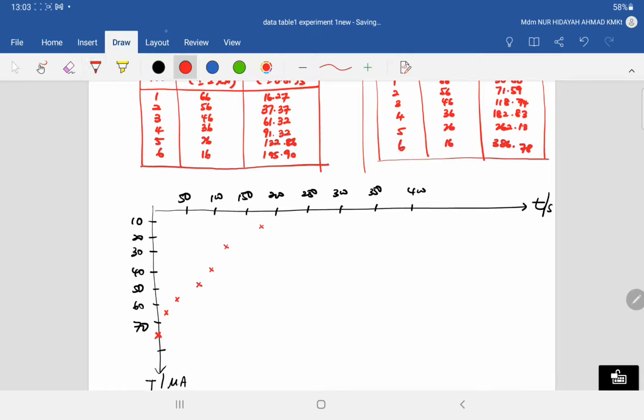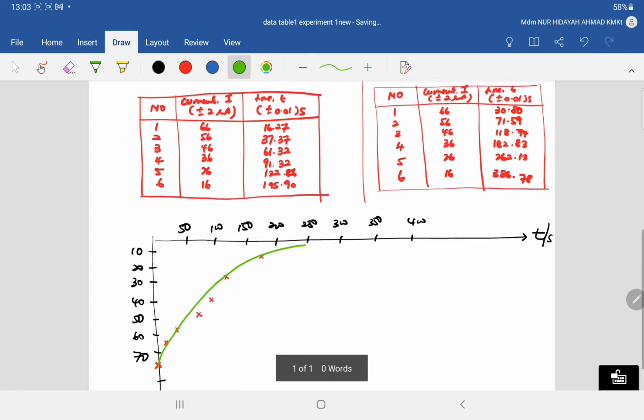So my graph will be like this. This one is for table number 1.